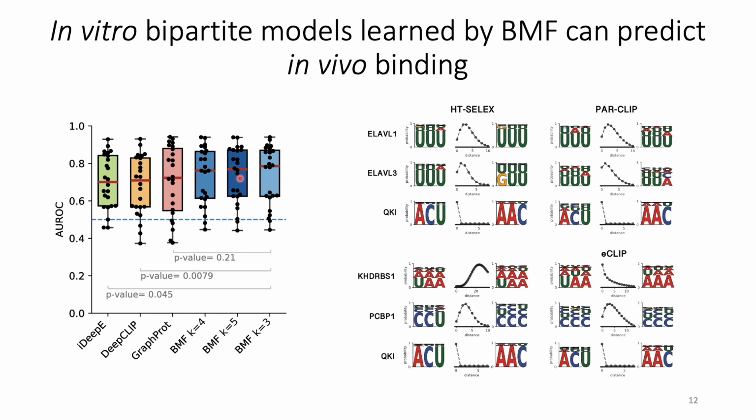This is also shown by looking at the logos of BMF when trained on high-throughput SELEX data and compared side by side with the logos we get when we train on CLIP datasets, as sometimes we see not only the sequence preferences being replicable, but also the distance preferences between them.